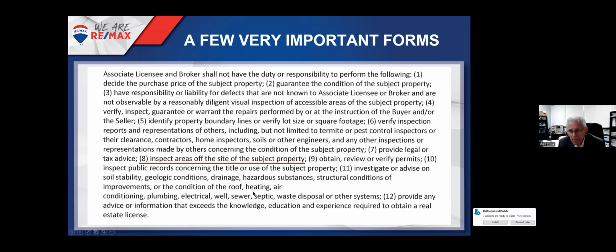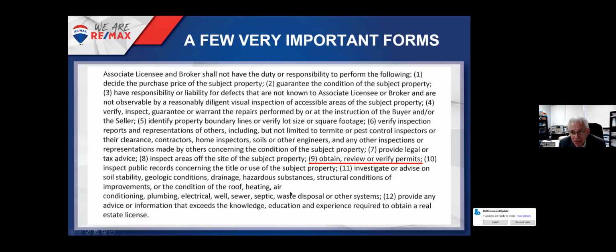If you know of a problem half a mile away, you probably should disclose it, but you don't drive around the neighborhood and look for problems. Yet the buyers sometimes assume you do. And so this stops those kinds of claims in their tracks.